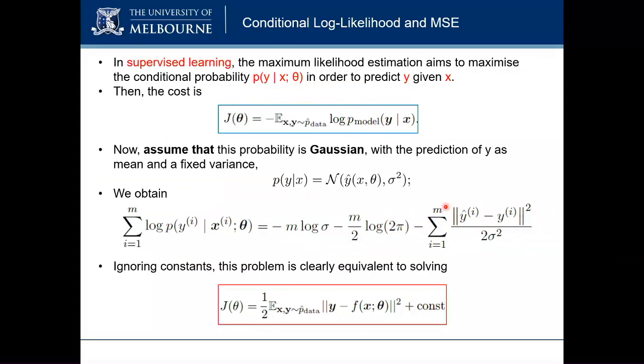And the last one is conditional likelihood, and actually I can even tie it to the mean square error. There's one more connection. Remember, in supervised learning, maximum likelihood estimation aims to maximize the conditional probability, P of y given x and theta, in order to predict y given x, right? So we had this.